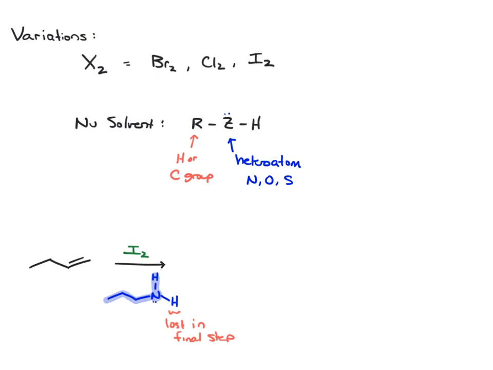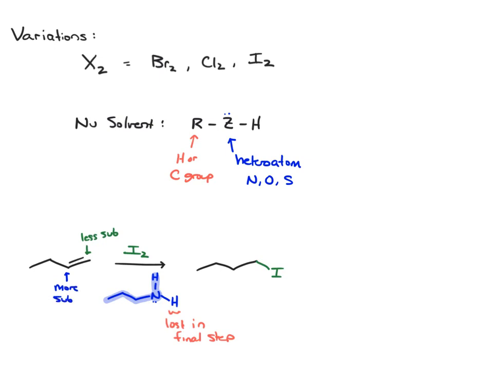So one thing you can do is go ahead and start by just drawing the product. I'm going to go from the alkene to the alkane. The halogen adds to the less substituted carbon, so I'll put the I there. The nucleophilic solvent adds to the more substituted carbon.